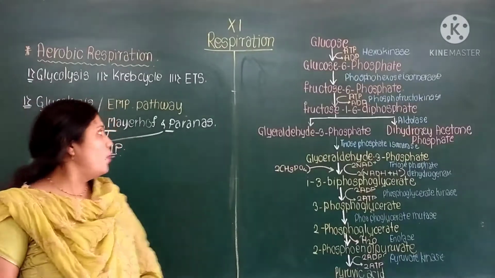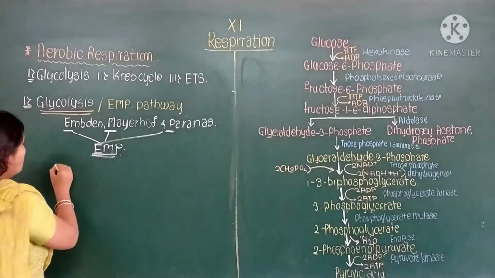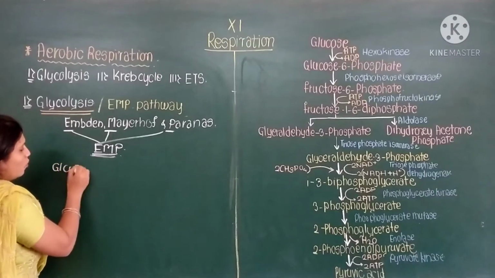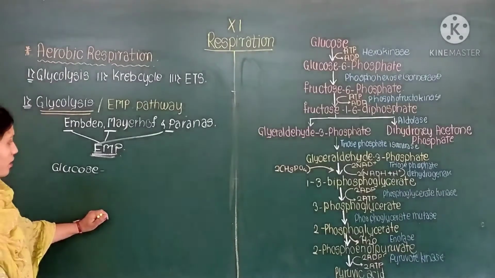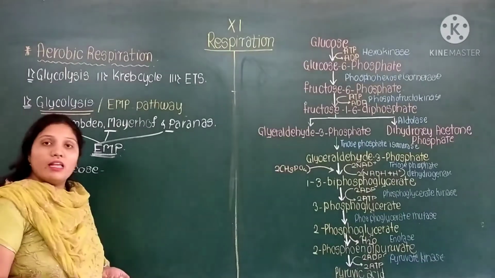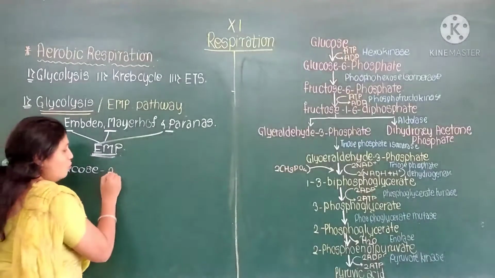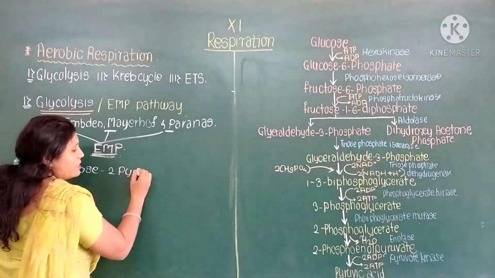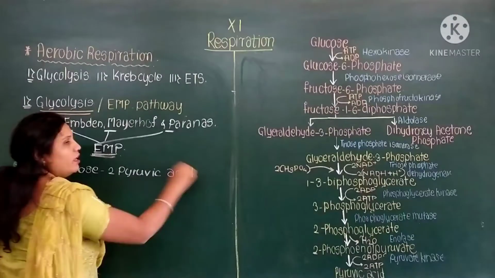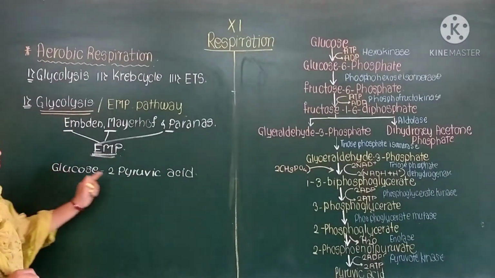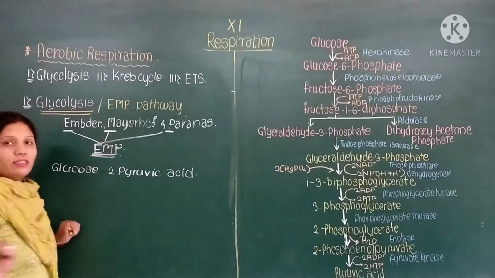Okay, so glycolysis means what? The systematic, enzymatic breakdown of glucose into 2 molecules of pyruvic acid is known as glycolysis.